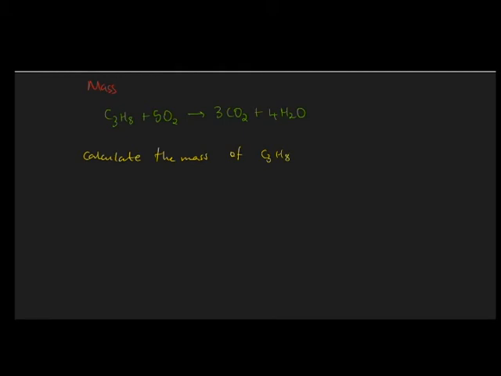You are saying, how many moles do we have? We said we have 1 mole of C3H8. So now we have to multiply by the mass of C3H8, and then we have that mass per 1 mole of C3H8.